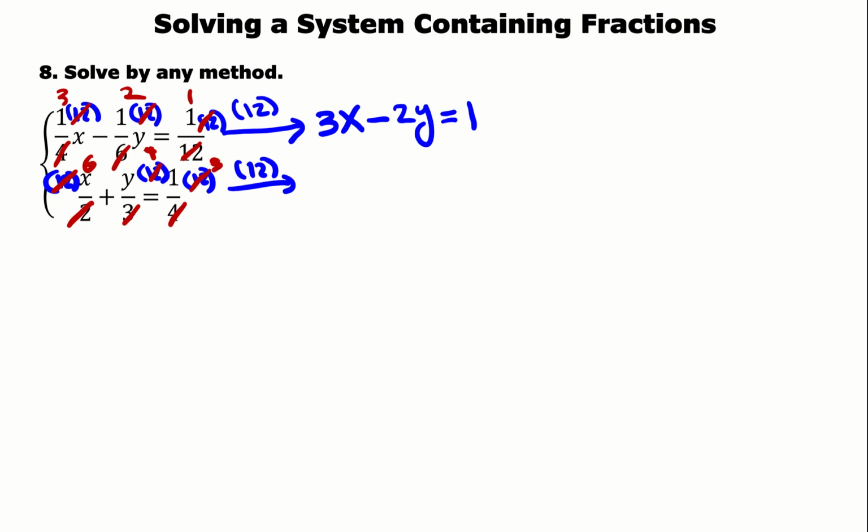So the new equation, which is going to be clear of any fractions, is going to be 6x plus 4y equals 3. So you can see that that's a much simpler system of equations compared to the one with fractions.